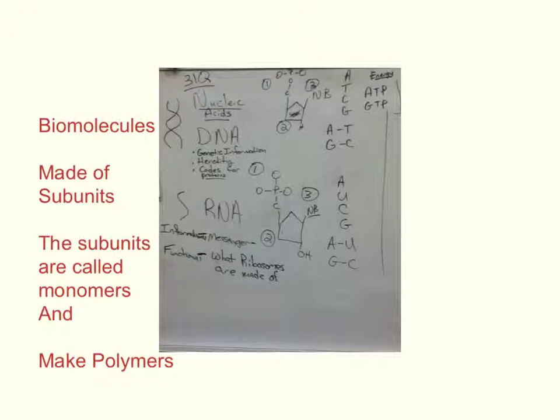Finally, the subunits are called monomers, and they make polymers. Now, the polymer is just this idea of a long chain molecule made of subunits, and depending on which subunit it is defines this larger molecule. So if you had a bunch of amino acids put together, you'd call it a protein. If you had a bunch of nucleic acids put together, you'd call it a DNA or RNA molecule.